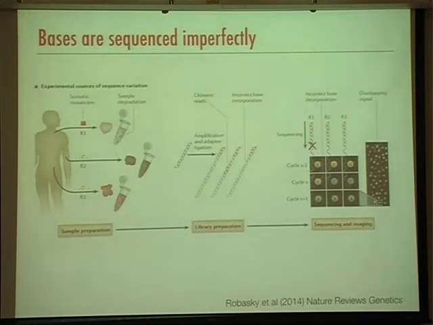Okay. So there's a lot that's done at this image analysis step where things could be going wrong. There's a lot that could be happening in the chemistry of the base incorporations during the sequencing, in the chemistry of the library preparation.